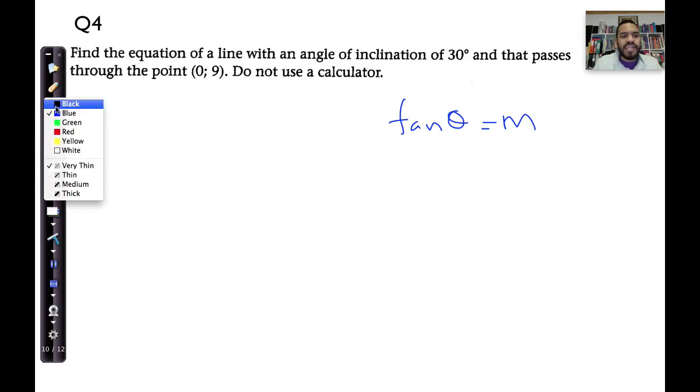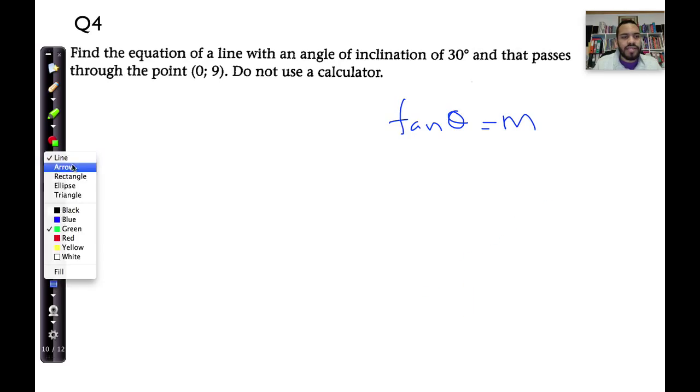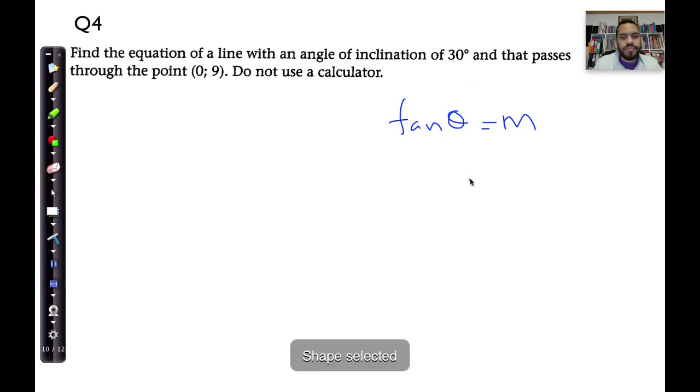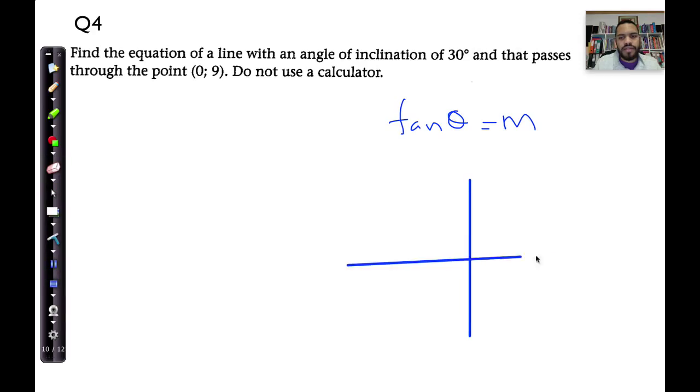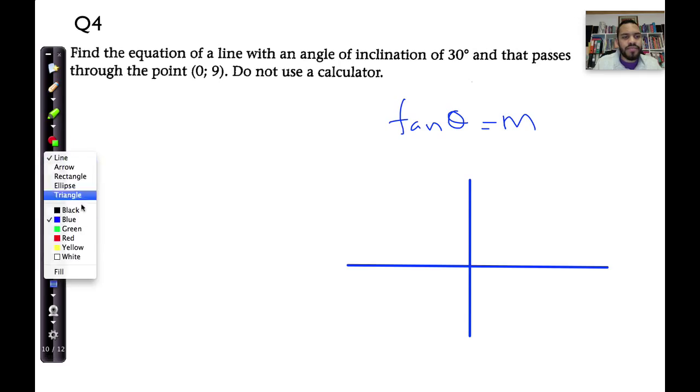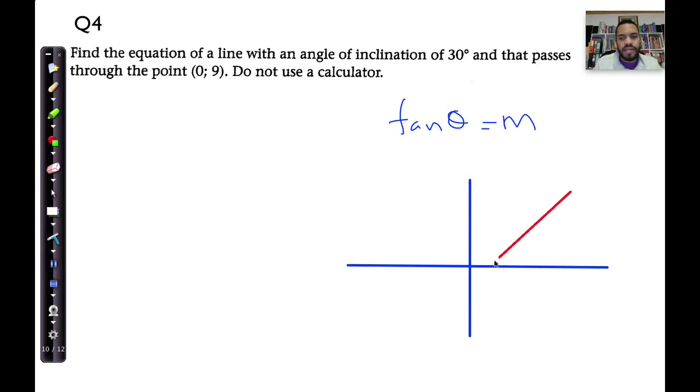So if I take a line that passes through (0, 9), that line looks like this. That's my axes. I'm going to make the line red, using 0 on the x and 9 on the y.